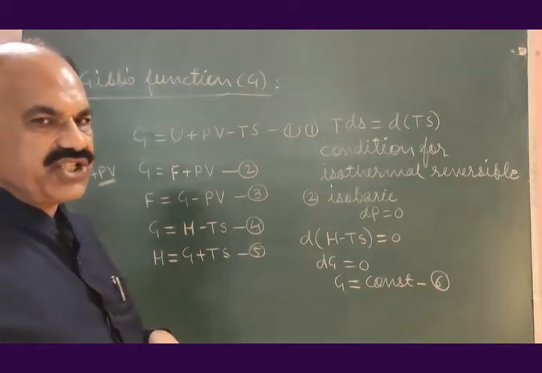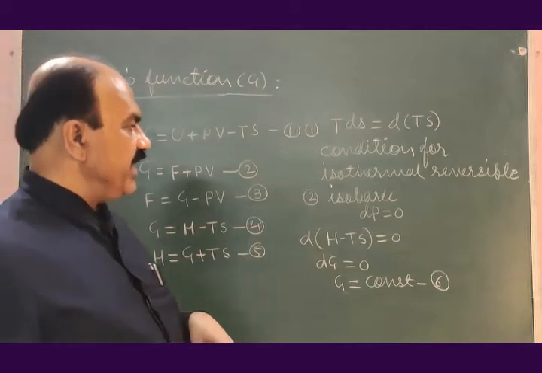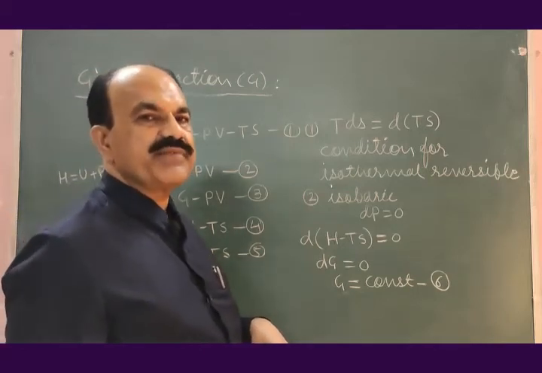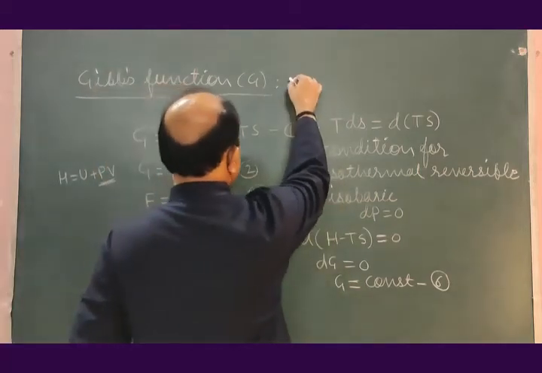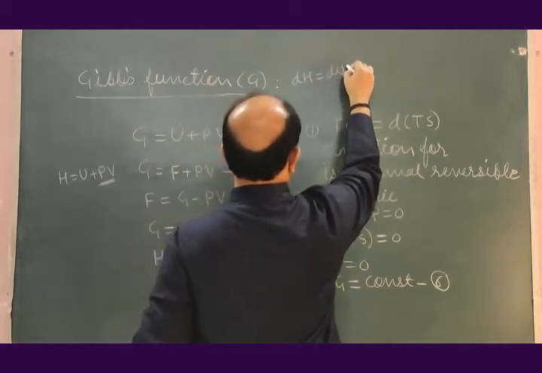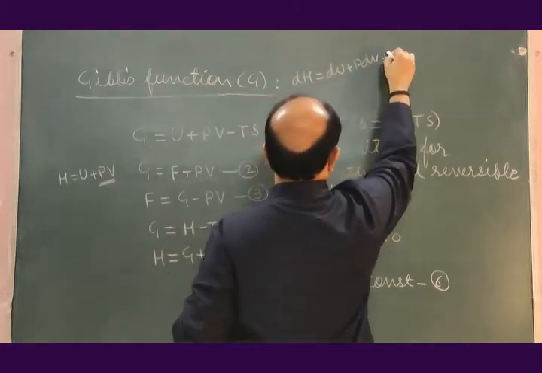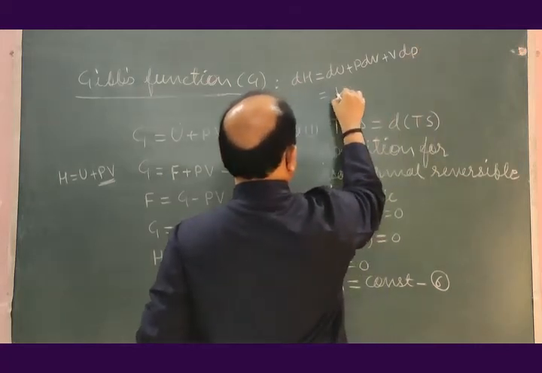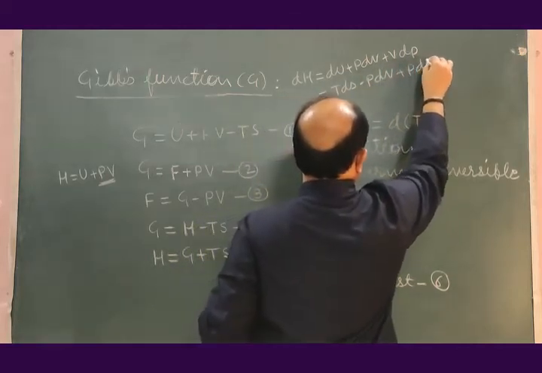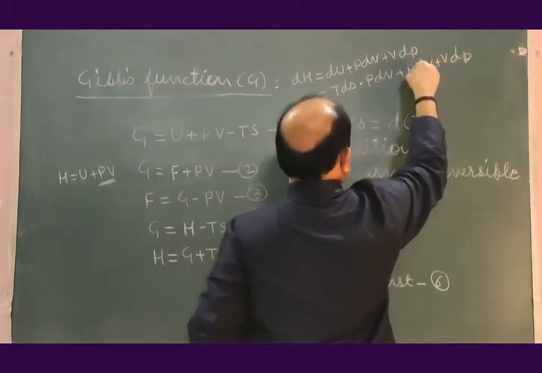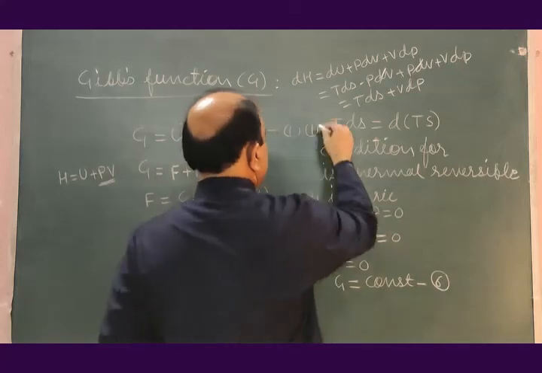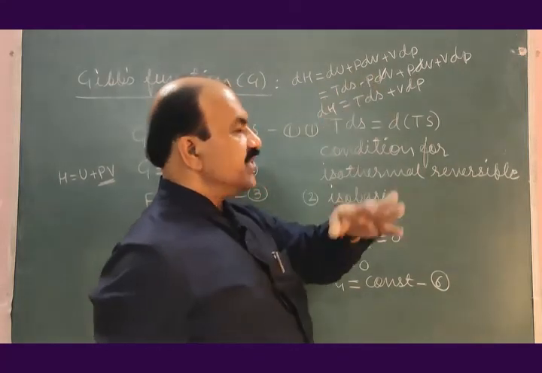You already studied H, the enthalpy, and when you studied enthalpy, you already came to know that dH is equal to 0 for what process? dH is equal to TdS plus Vdp.